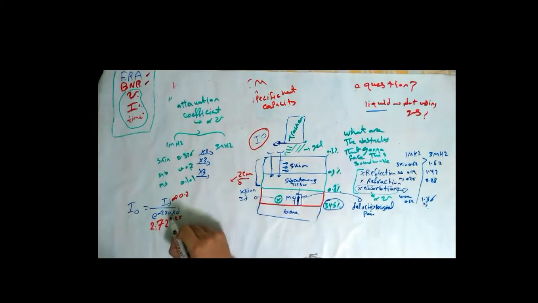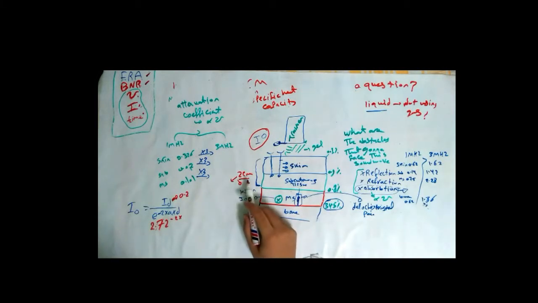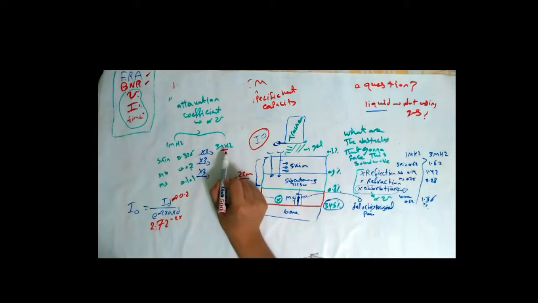Since attenuation coefficient depends on the frequency that I use, and since this problem is at 2 centimeter depth, the optimal therapeutic frequency is 3 megahertz. So I choose 3 megahertz, and I have to get the attenuation coefficient at 3 megahertz of the skin and subcutaneous tissue.